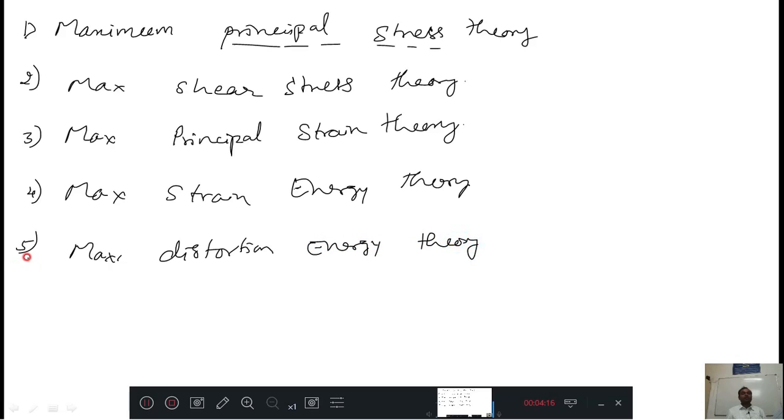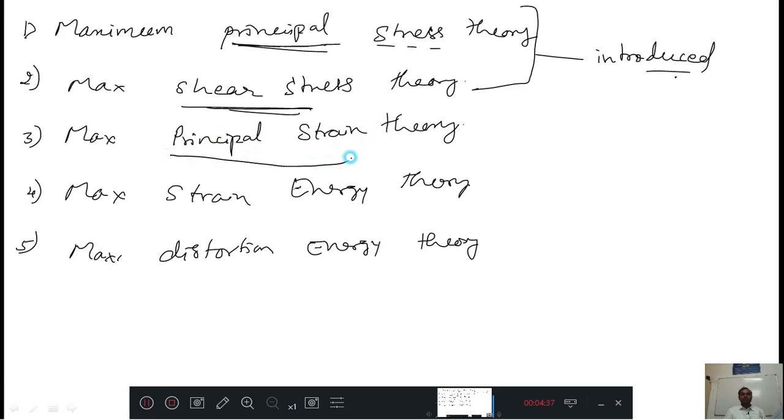Okay, we have 5 types of theories, but till now you know the meaning of principal stress, you know the meaning of principal shear stress. Therefore, for your syllabus, only 2 theories are introduced. Why are the others not introduced? Because you don't know the meaning of principal strain, which is not taught in the 3rd semester.